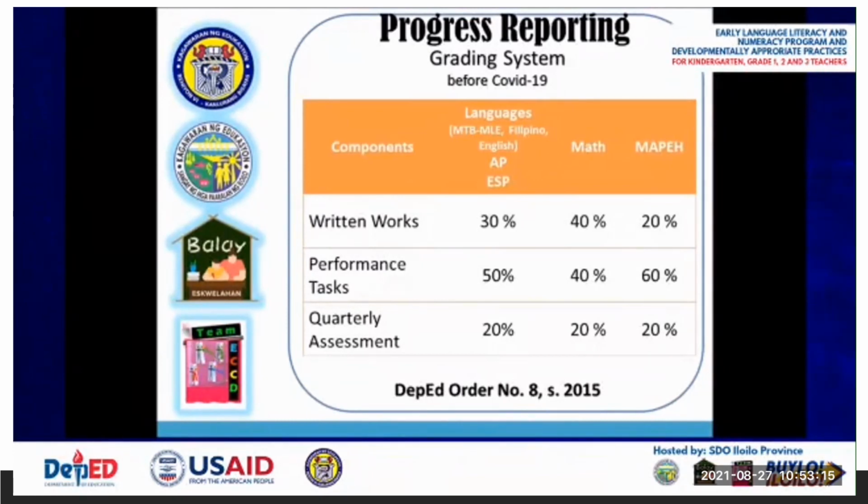For quarterly assessment, 20% for languages like MTB-MLE, Filipino, English, and AP, 20% in math, and 20% in MAPE.